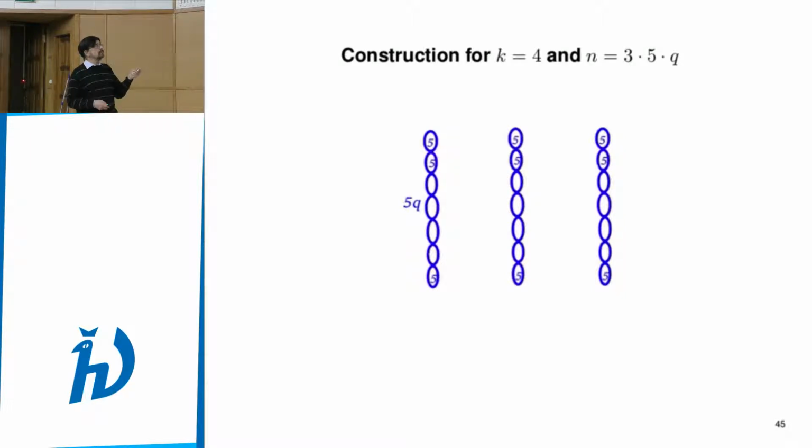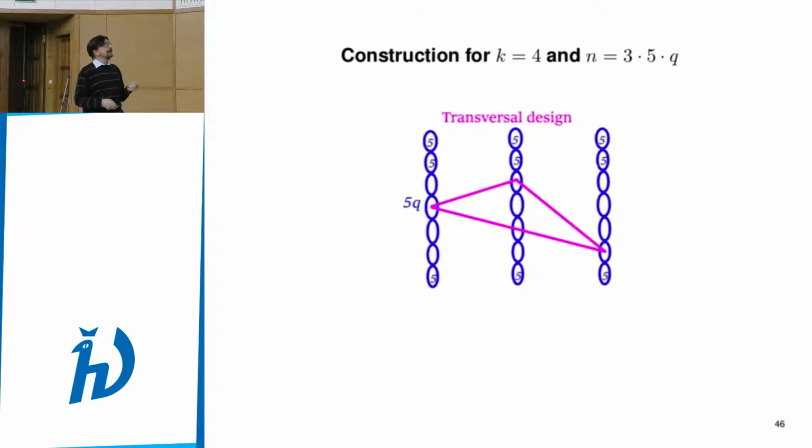So we have Q such little ellipsoids, and the same here. And make a transversal design, since the number of these small ellipsoids is Q here, Q here, Q here.